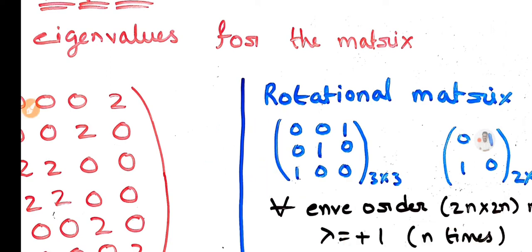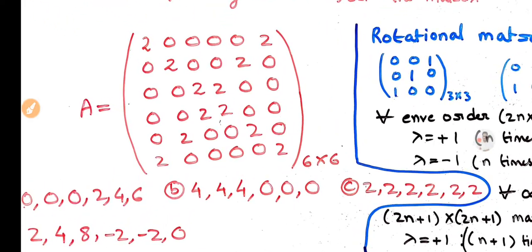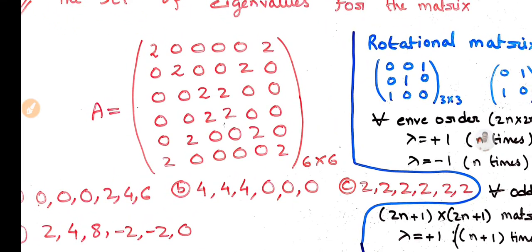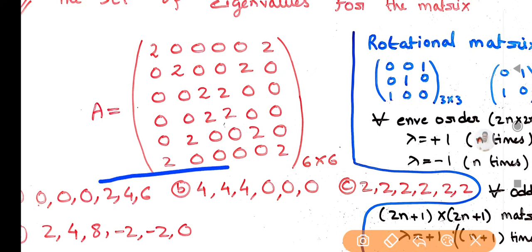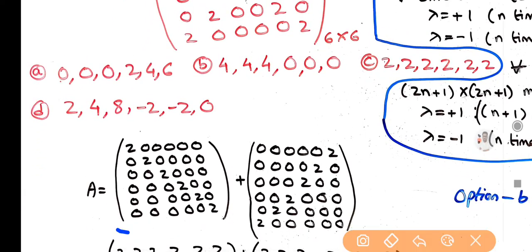Okay. Now, for this question, how to determine the correct set of eigenvalues? Here, you can see this matrix as the sum of these two matrices. Okay. So this is what? This is our identity matrix, which is multiplied by 2. Okay. Here 2 is in common, and this is an identity matrix. Okay.